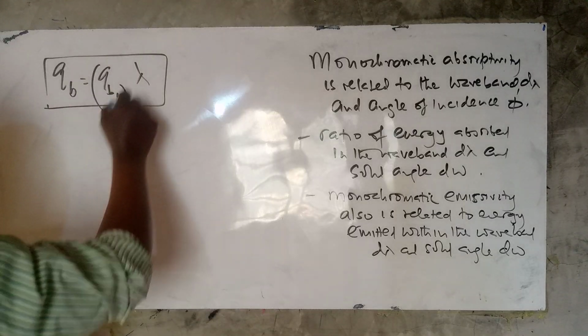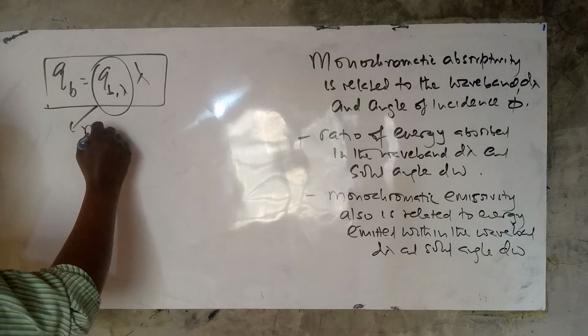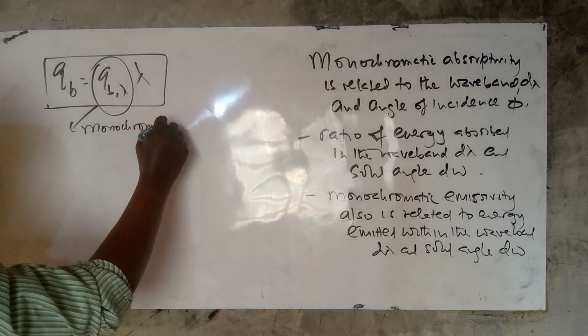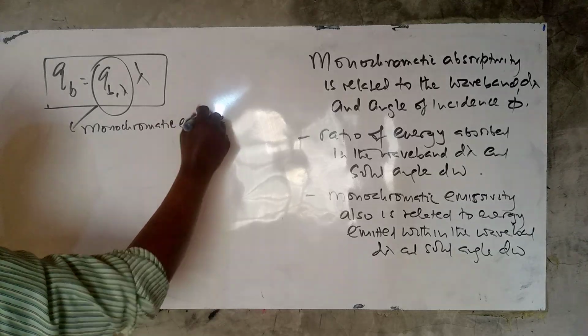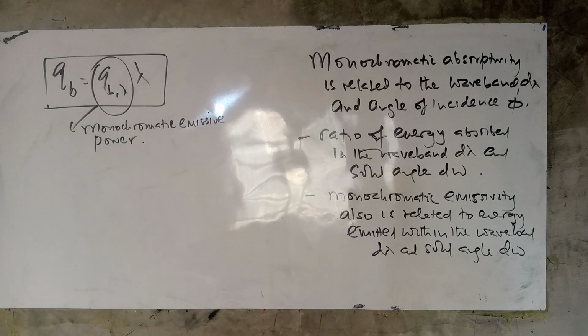And this Q B lambda is what we call the monochromatic emissive power. Refer to that as monochromatic emissive power.